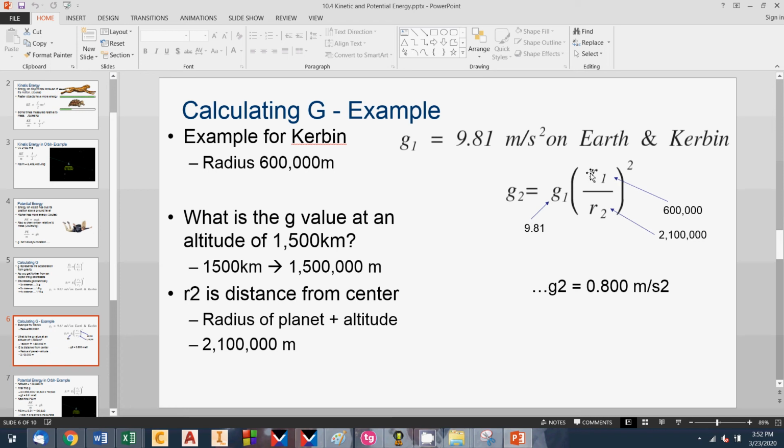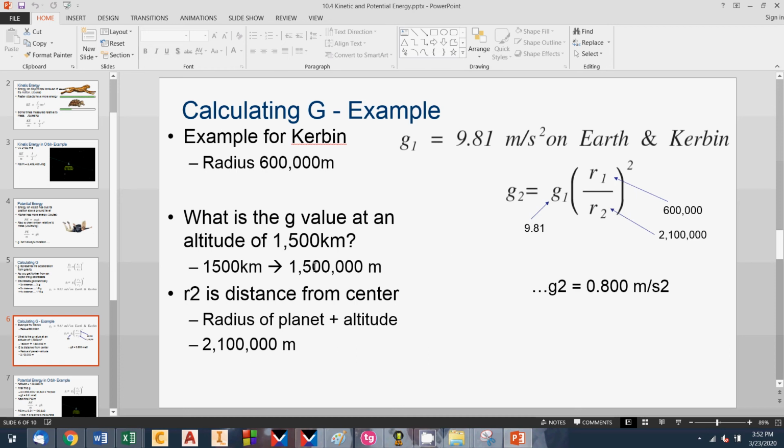We know that the radius on the surface of the planet is 600,000 meters. And the second radius, you're wondering where we get this 2.1 million number from. Well, 1,500 kilometers is 1.5 million meters. But remember, when we're measuring altitude, we're measuring from the surface. When we're using this equation here, we want to measure from the center of the planet.